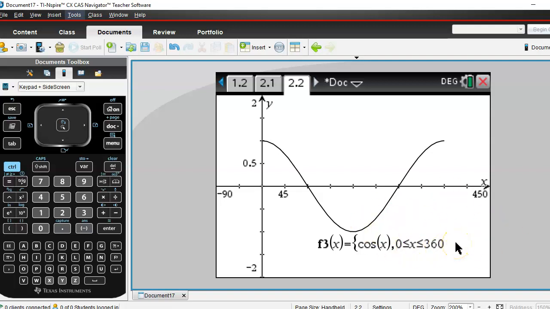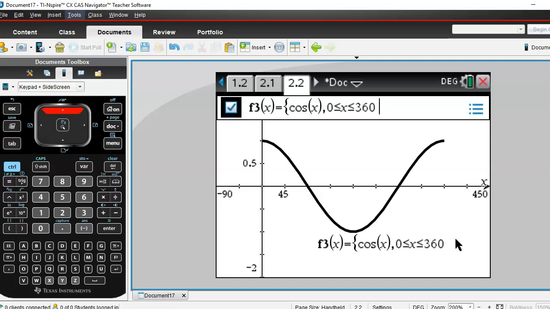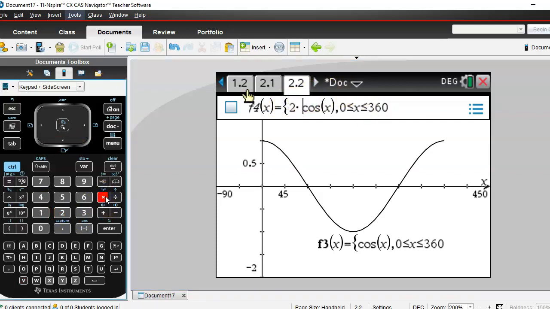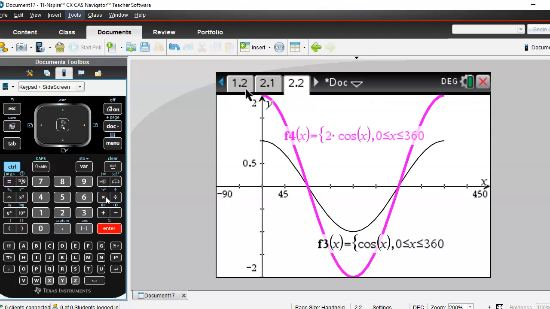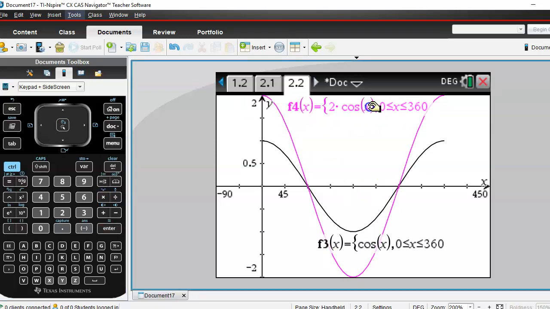function. And let's tab, let's just copy that. Copy. And I'll go 2 times. So you can see what it looks like over that 360, that pink.